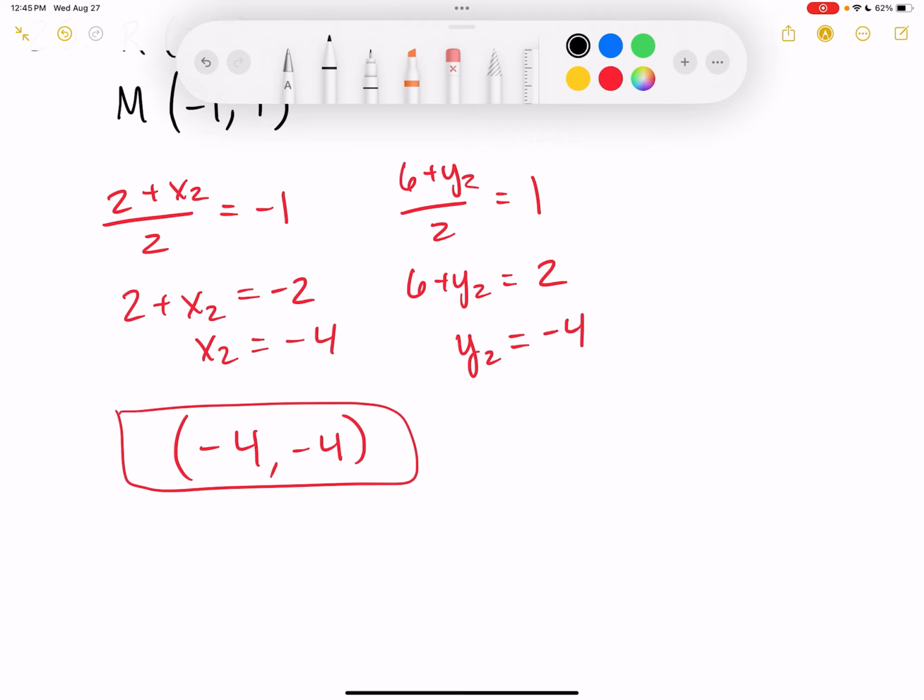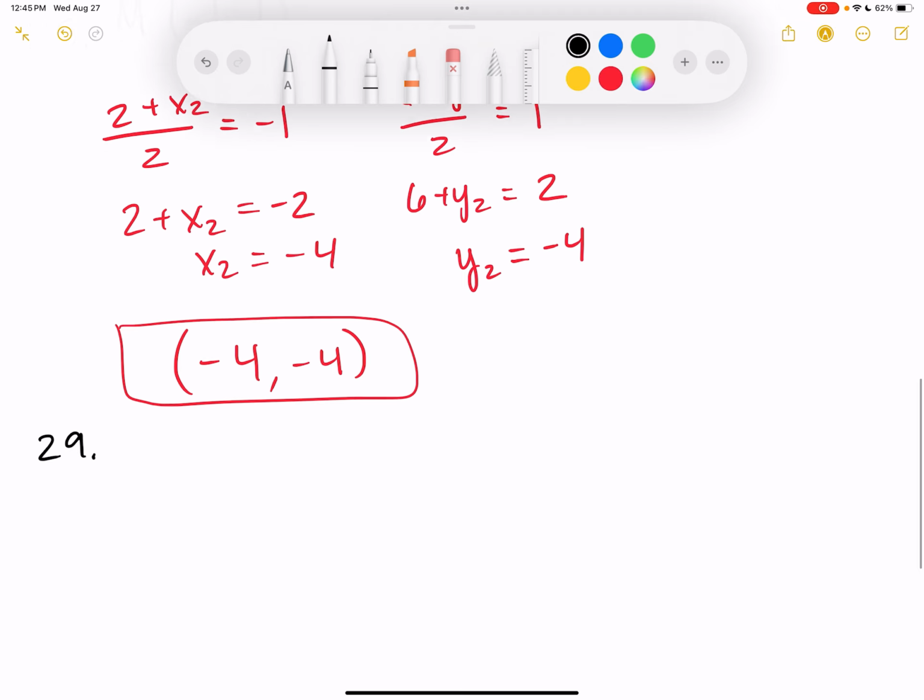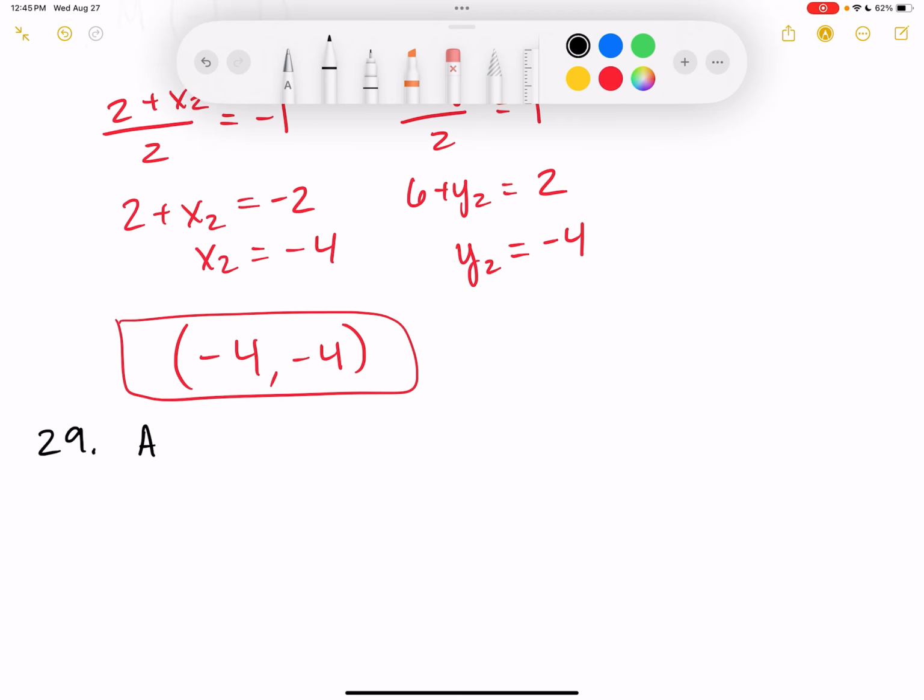Another one of these ones, 29. A is 6, 7. And then our midpoint is 10, negative 7. So I'm going to set up my x coordinate.